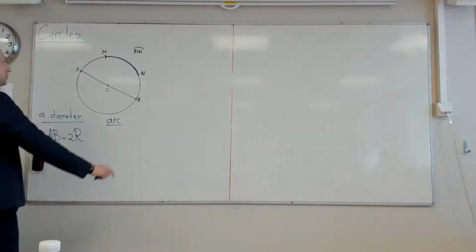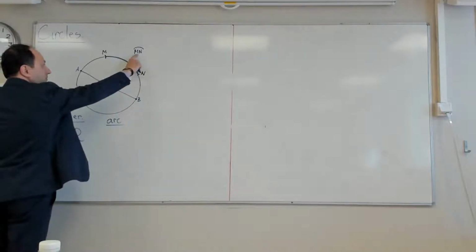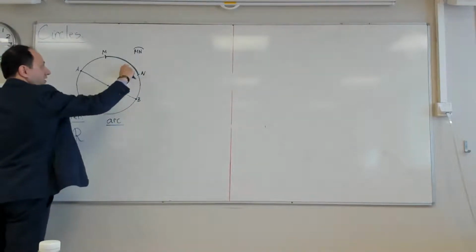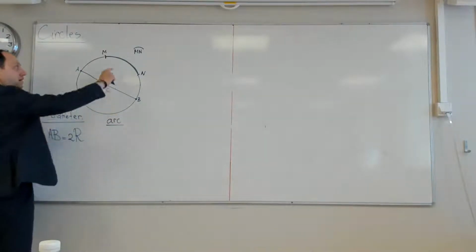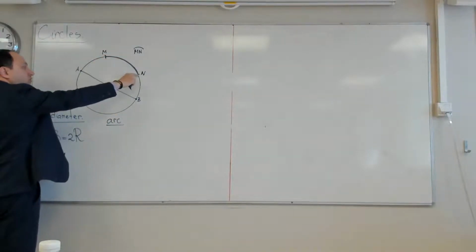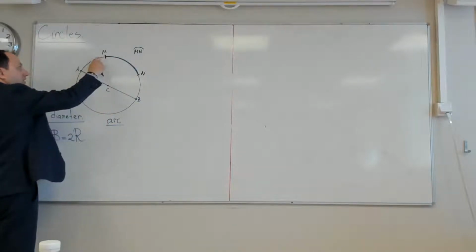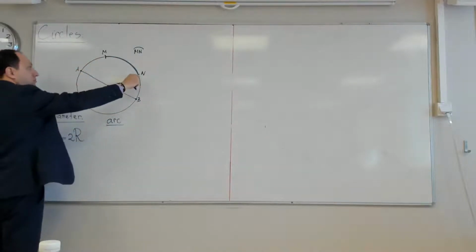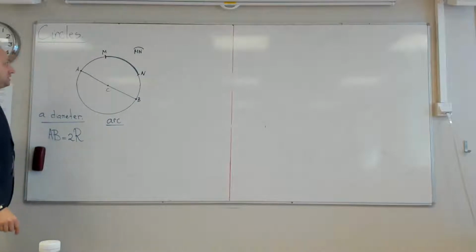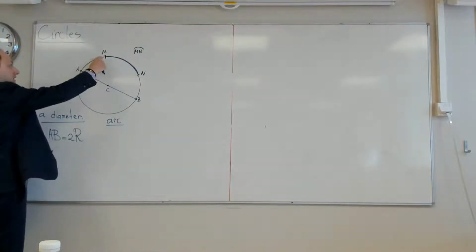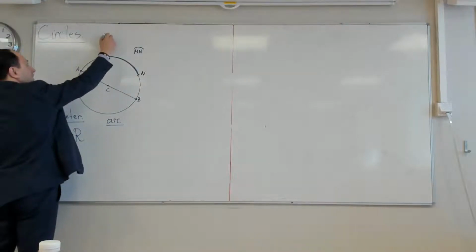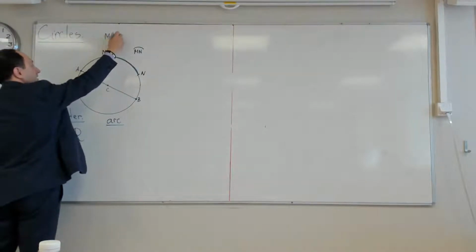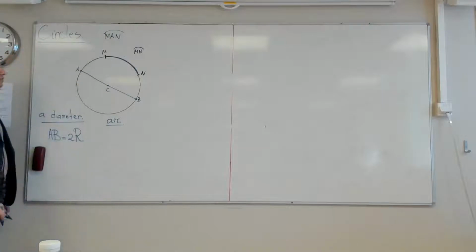And of course, this might be a little bit problematic because when we just write the arc MN, you might think I am referring to this blue one, or you might think that I am referring to this big one. Some convention is that if I really mean this big one, I write it as MAN, and then I put this arc symbol on top.